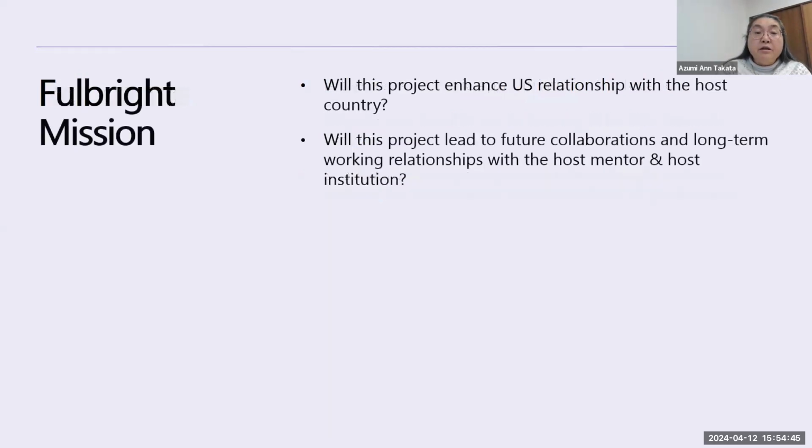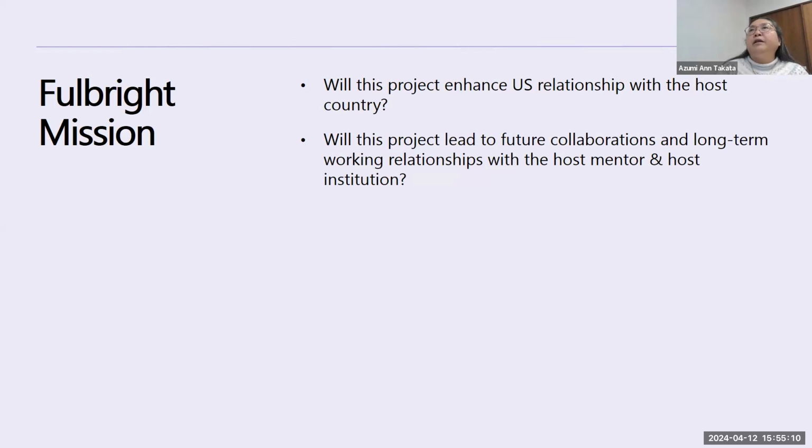And then finally, we'll talk a little bit about the Fulbright's mission and how your research project might align with it. This is kind of in the back of the minds of the Fulbright people as they are looking at your project in the selection process.